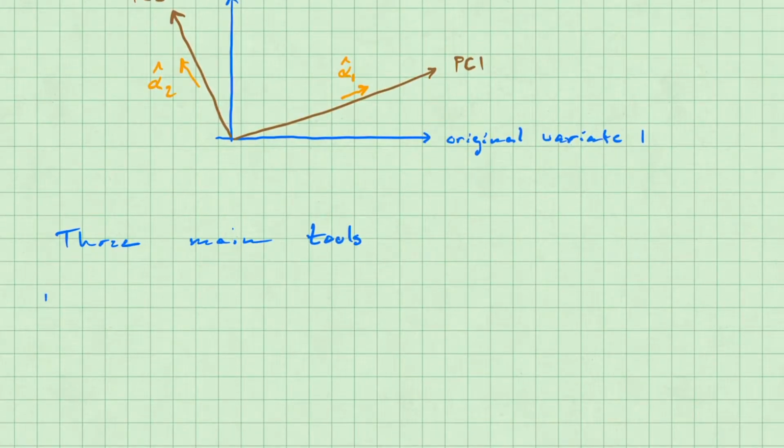The first of them is just to look directly at the components of the alpha vectors.